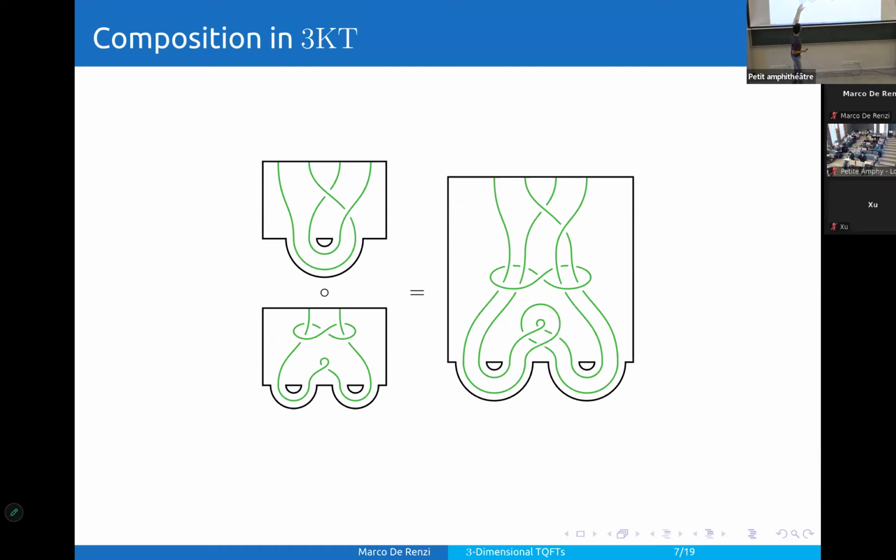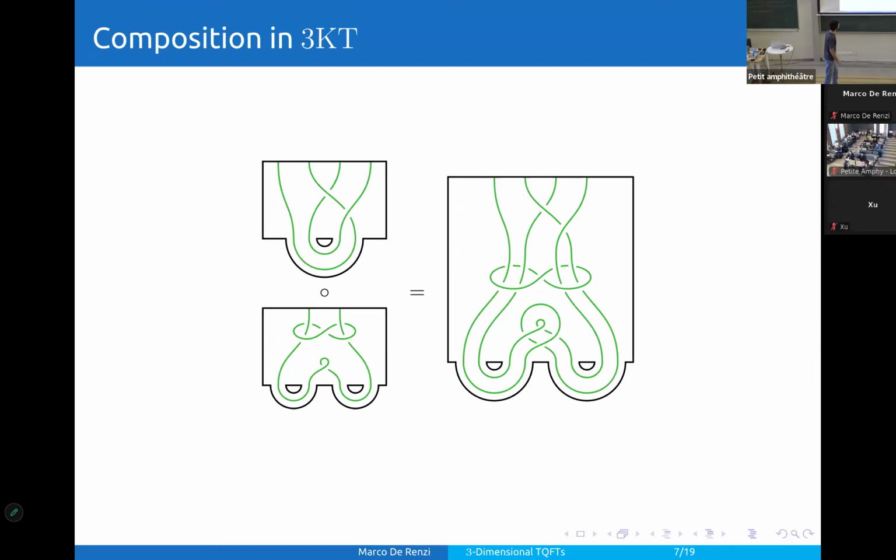Okay, so in this case, on the top, I have two parallel components that run through the one handle, and they should be inserted in the other component here on the bottom. So this is the strange composition between the two cobordisms on the left, right?